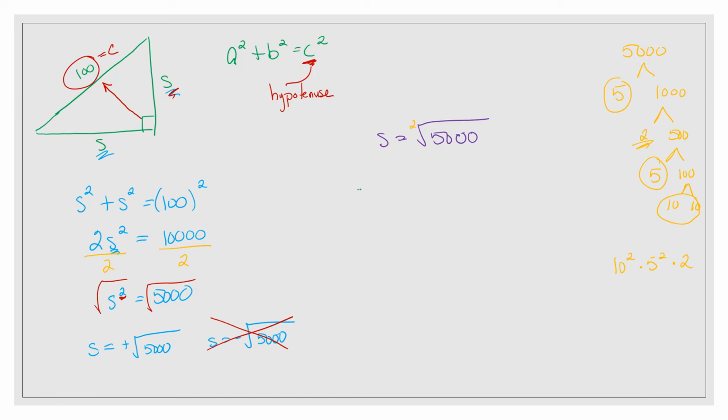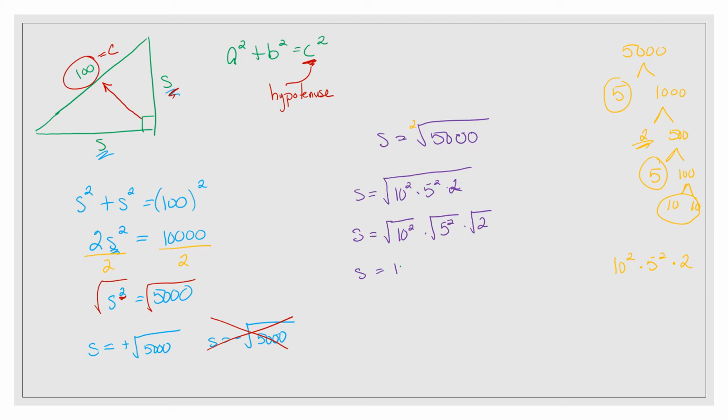So I'm seeing this rewritten as S equals 10 squared times 5 squared times 2. And since there's multiplication between them, as we have discussed before, you are allowed to look at the square roots separately.